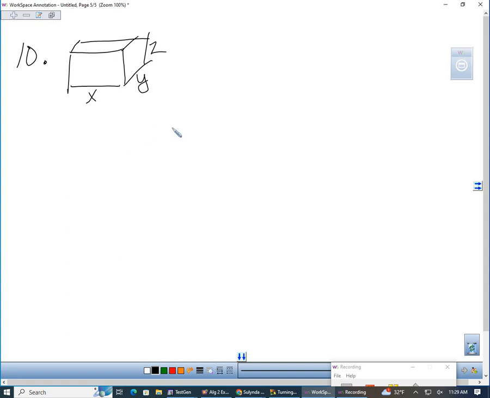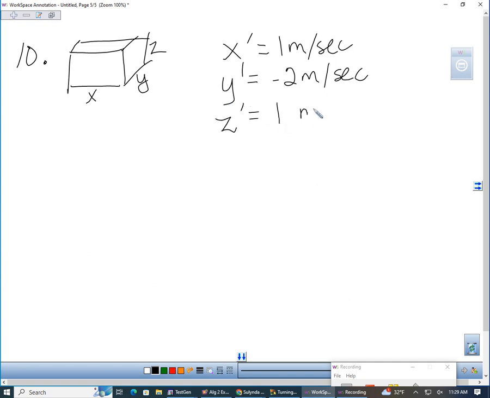It tells you in the problem that x prime equals 1 meter per second. It says y prime is negative 2 meters per second. And z prime is 1 meter per second.